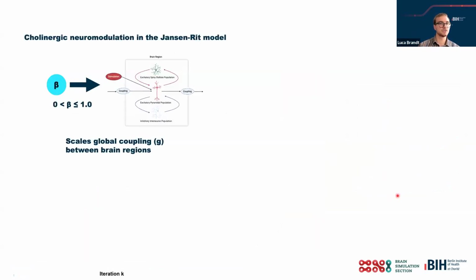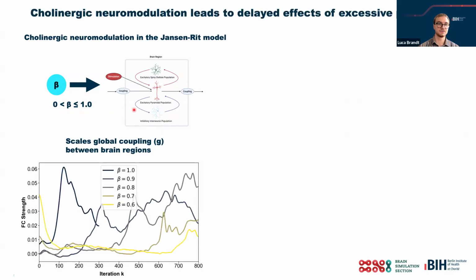Okay, so now we're introducing cholinergic neuromodulation to understand if the trajectory of plasticity and of the functional reorganization changes. For that, we introduce a scaling factor for the global coupling, ranging from 0 to 1, whereas 1 would mean no change, and 0 would indicate a total disconnection of the brain regions, introducing different levels.